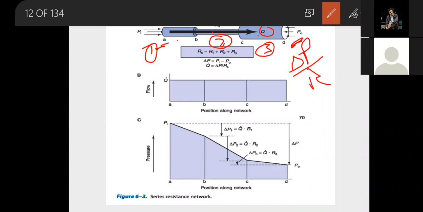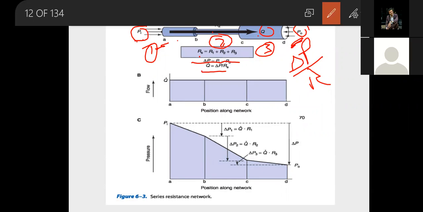The difference in pressure here between the start of this segment and the end of this segment. So delta pressure is calculated and the total resistance is calculated. So the flow is calculated. And the flow is dependent on the resistance and the pressure.